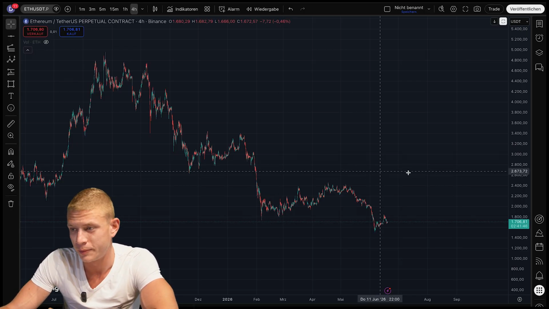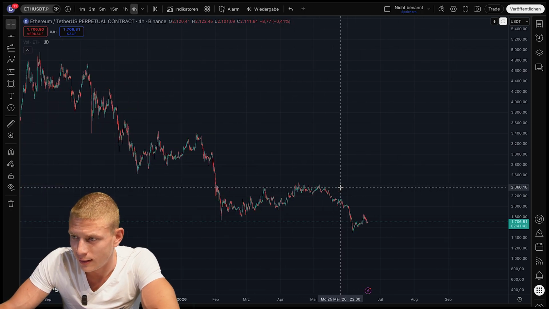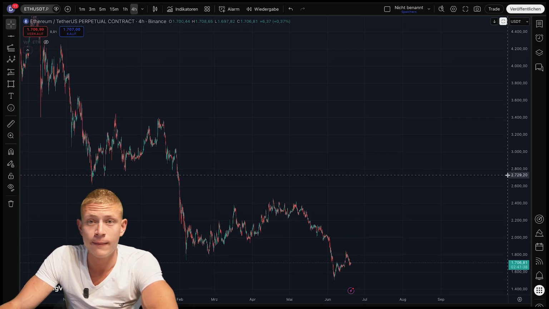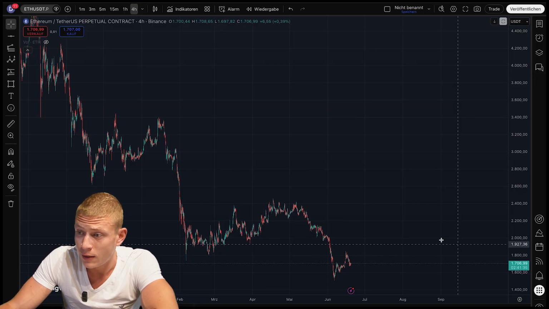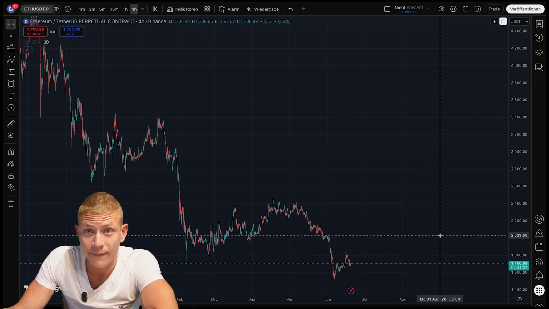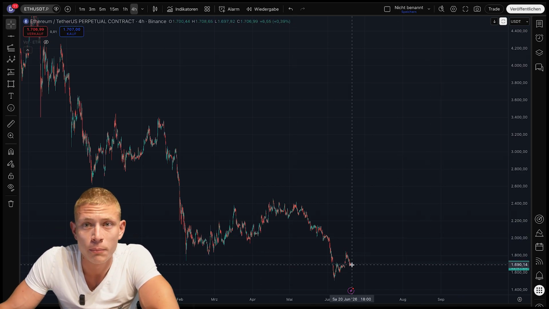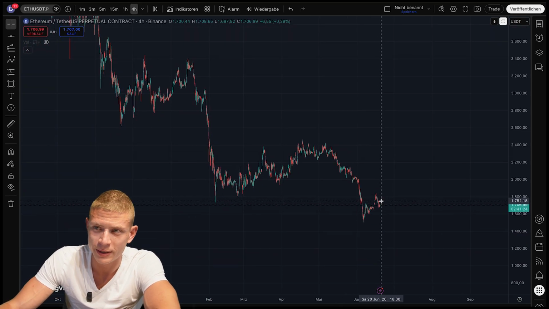So this is the price movement of approximately the past year. If we zoom in a little, and here on the right side you have the price, you can clearly see where the price and the date meet each other. That is the price on this specific date or at this specific moment.